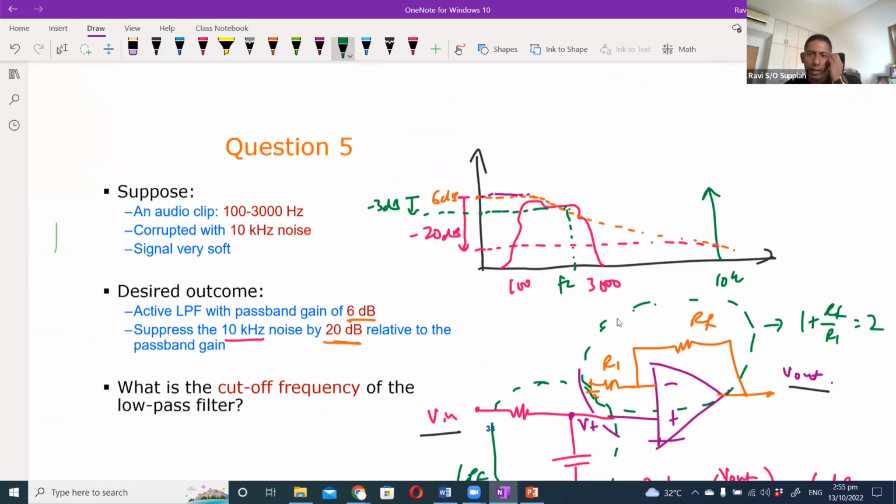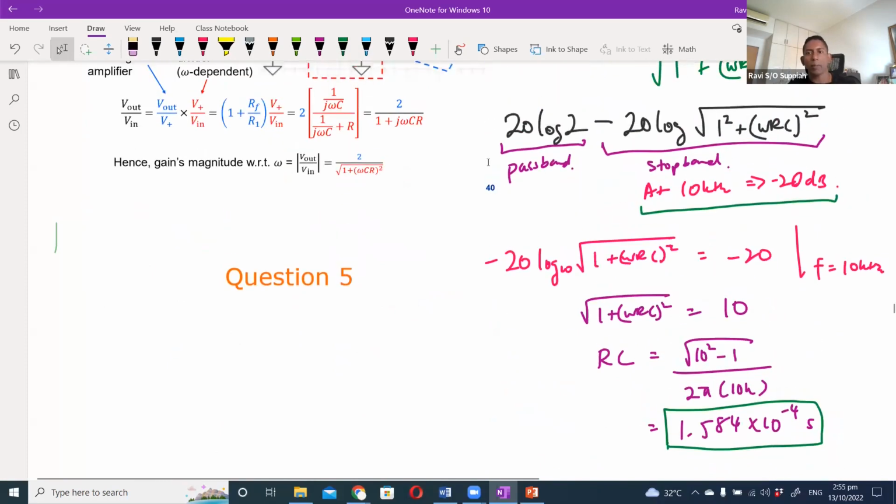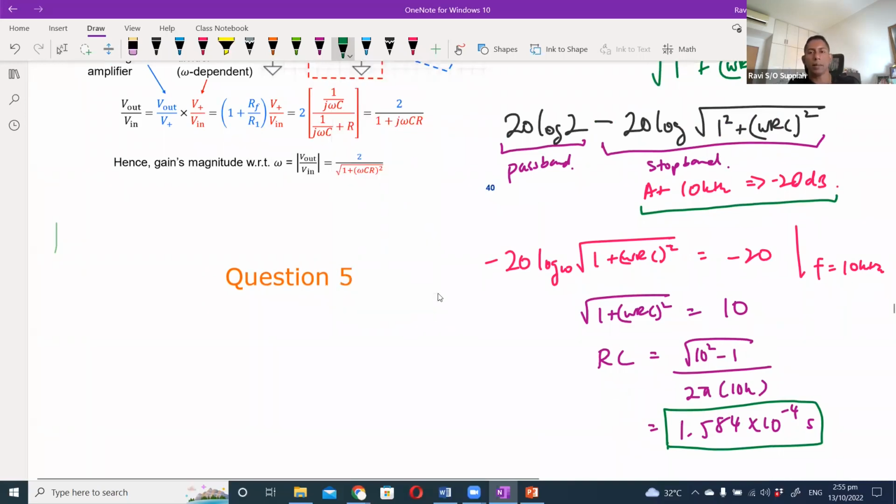So how do I now know what is the cutoff frequency for this particular filter that I've designed? We are going to come back to the same approach. We know that the first half is the pass band, the second half is the stop band, which is dependent on frequency.